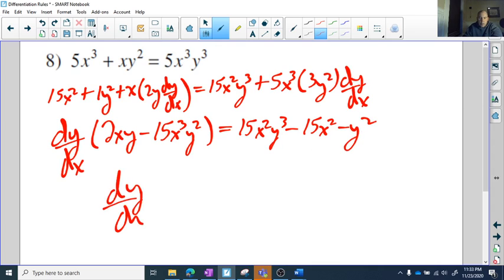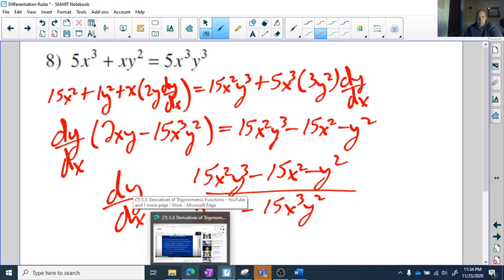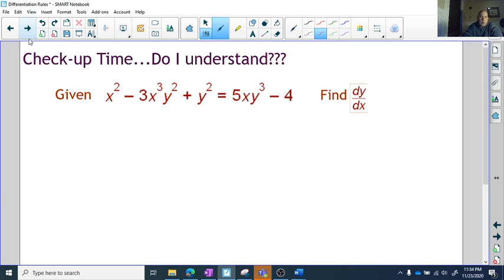So dy dx will be this divided by this. 15x squared y cubed minus 15x squared, all of that over 2xy minus 15x cubed y squared. There you have it, implicit differentiation.